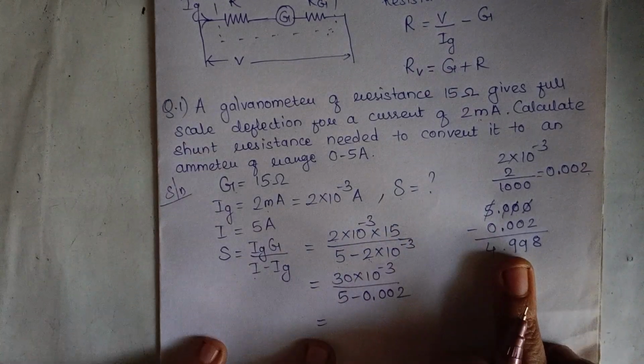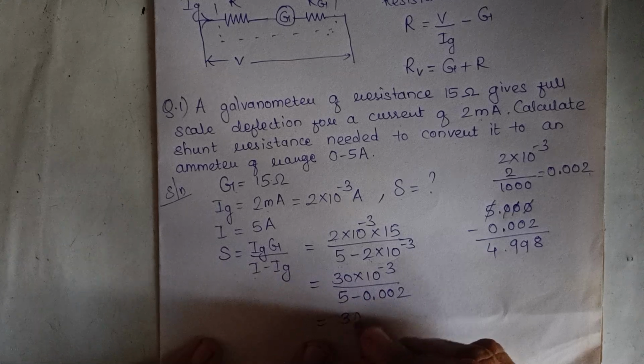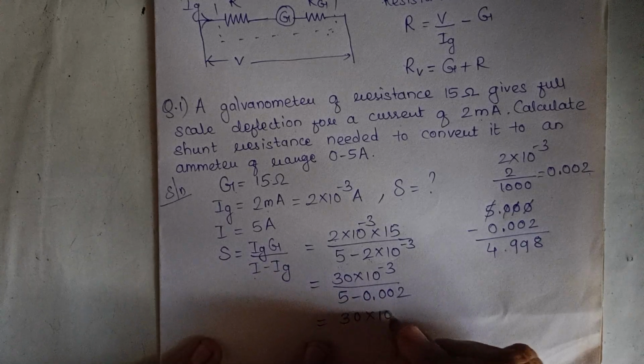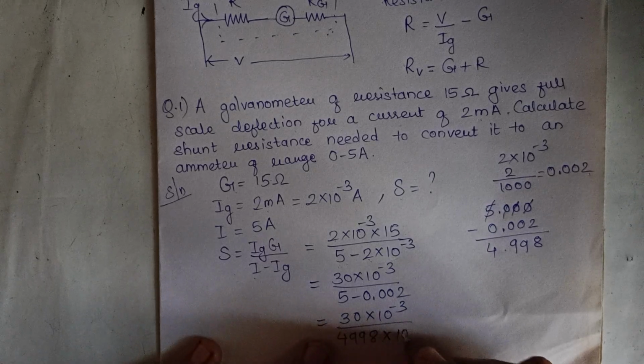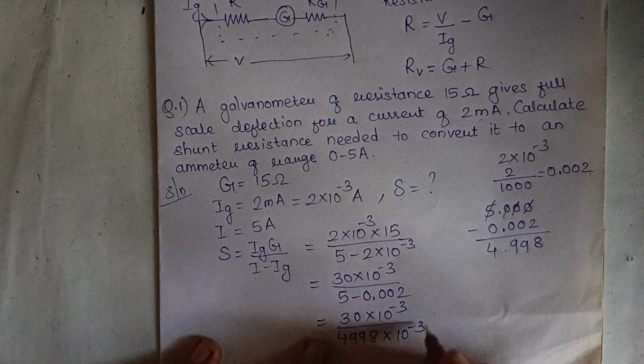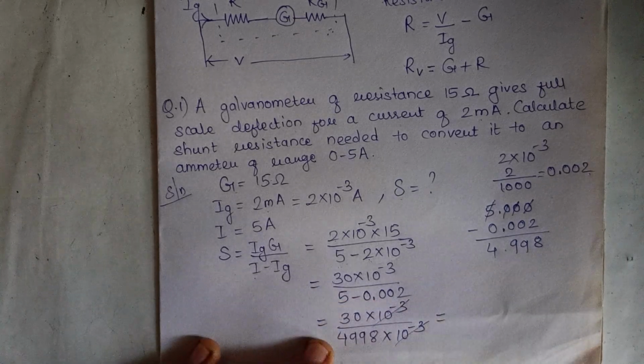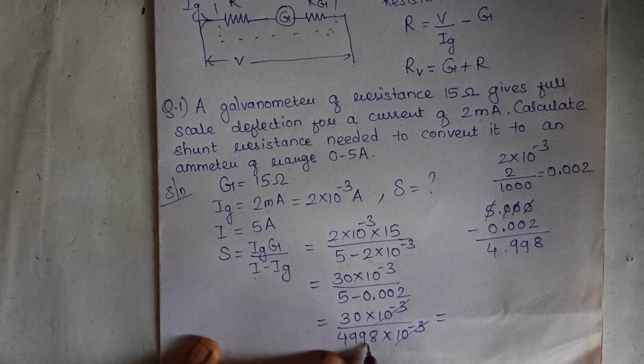If I remove the point, this will be 30 upon 4998 into 10 raised to minus 3. This you can cut, so this will be 30 upon 4998.